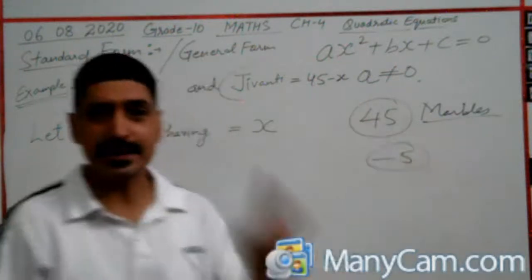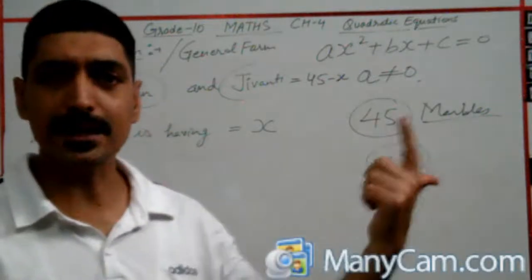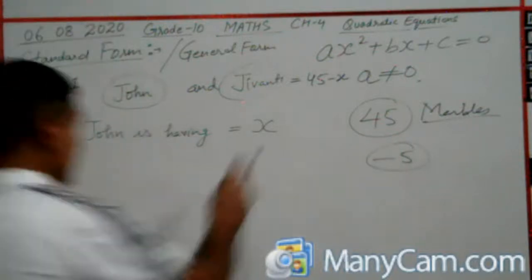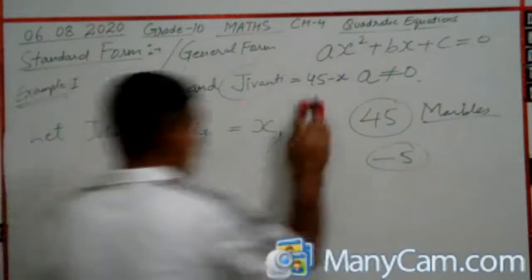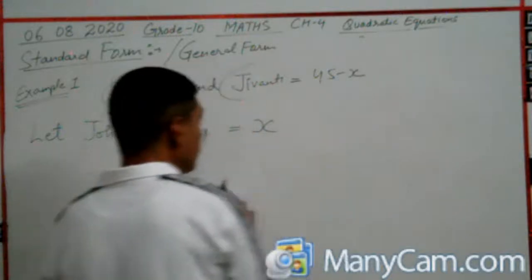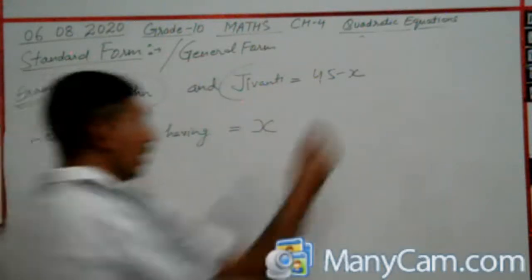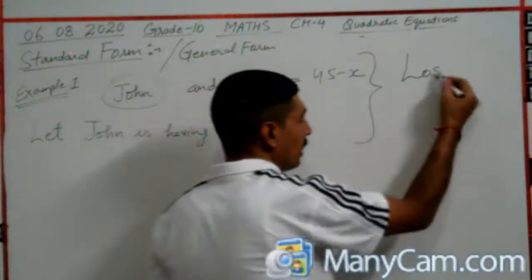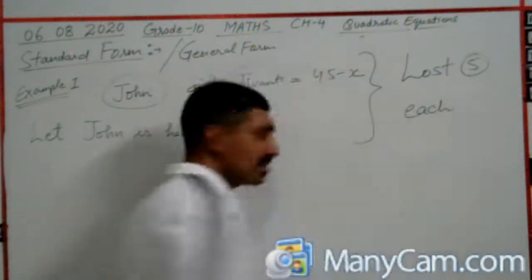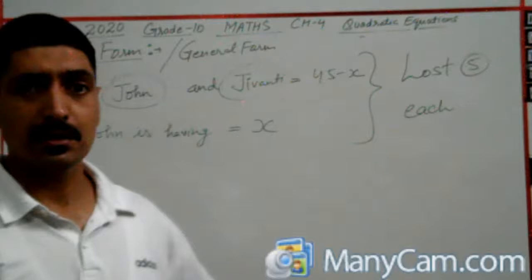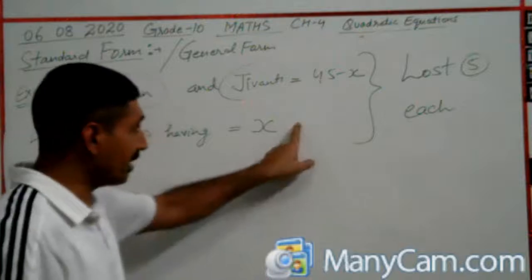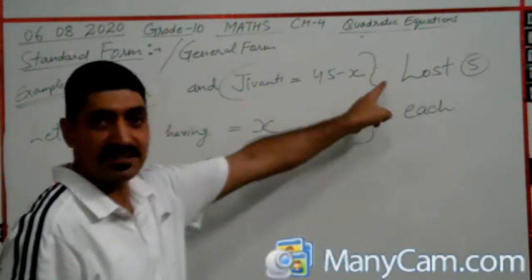If anyone is having X marbles, then the other has 45 minus X. Now, according to the question, each of them lost 5 marbles. So what is the situation? One has X minus 5, and the other has 45 minus X minus 5, that is 40 minus X.